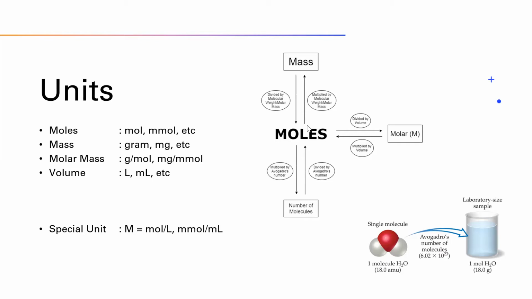And then when we want to weigh it, 6.02 multiplied by 10 to 23 water molecules has 18 gram mass. This is the correlation. It means moles can be converted to mass and also be converted to number of molecules. This is just for an example.